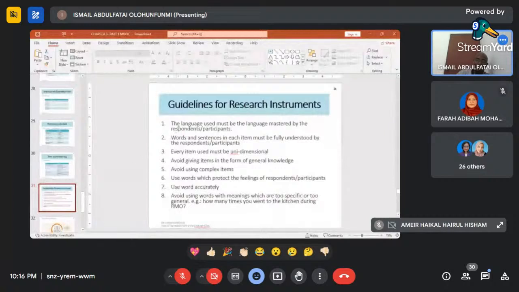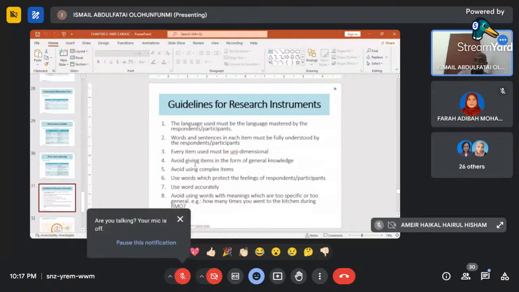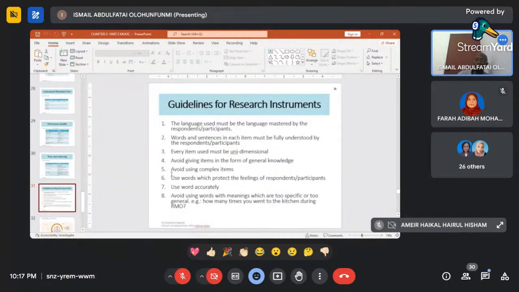They said whenever you want to use language, the language must be mastered by the respondent. The respondent must understand the language that you want to use for them. Words and sentences in each item must be fully understood by the respondent. Every item used must be unidimensional, meaning that they should measure only one thing. If you want to measure motivation, it will only measure motivation, not another concept.